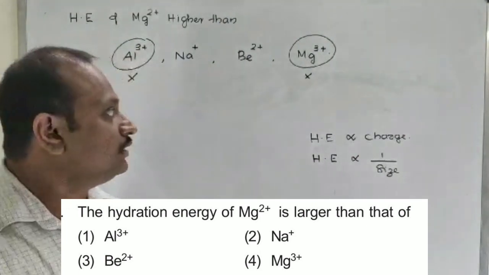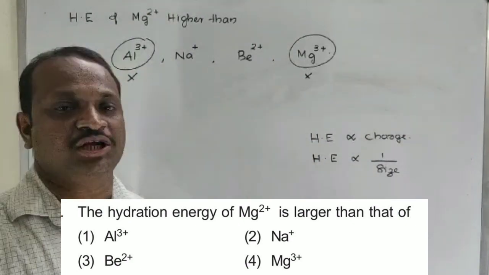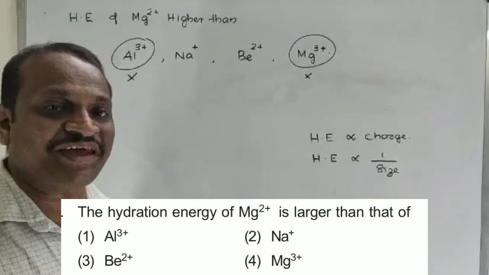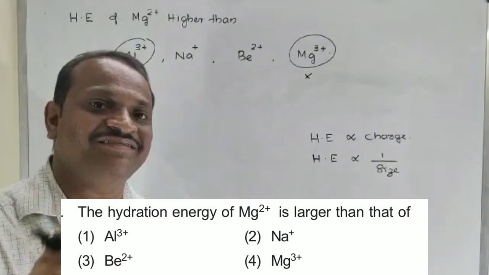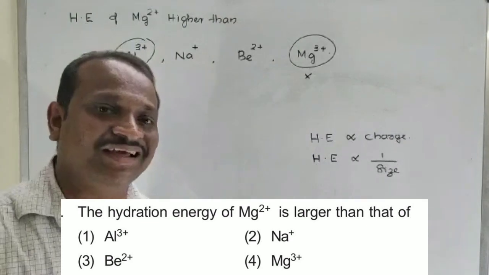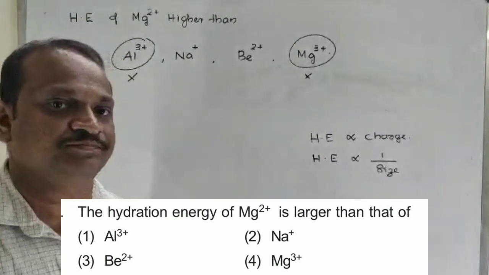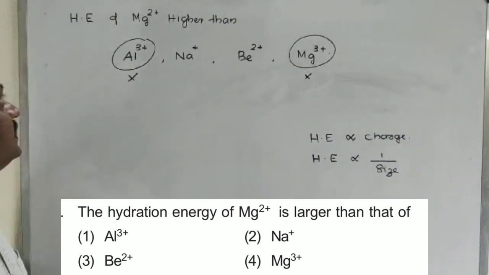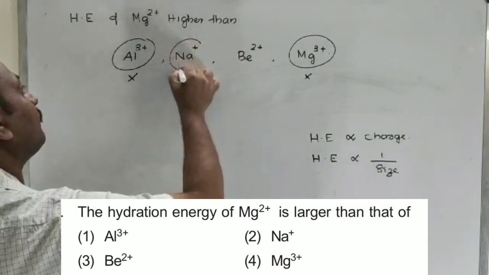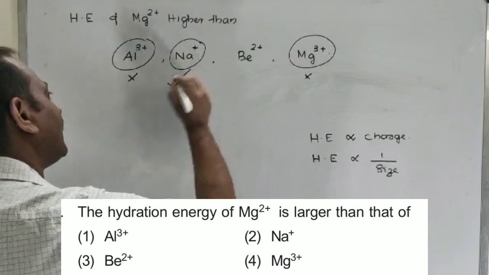Even if you are not familiar with the hydration enthalpy of Be2+, one thing can be understood: the charge of Na is only plus 1. Charge is less, so compulsorily the hydration enthalpy of Na+ will be less than that of Mg2+. So the hydration enthalpy of Mg2+ will be higher than that of Na+. So our answer is Na+.